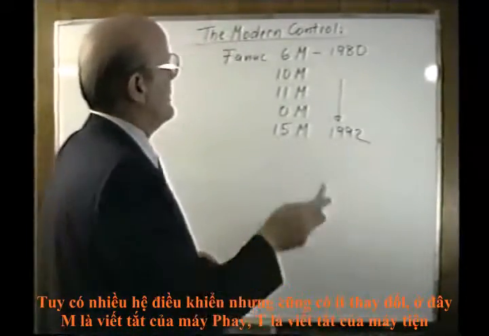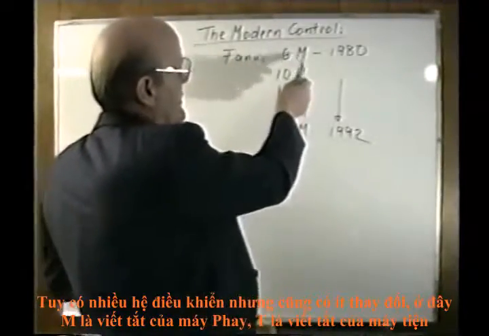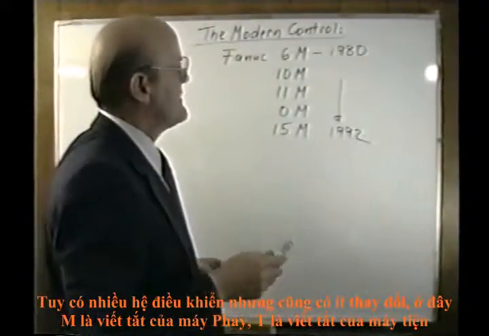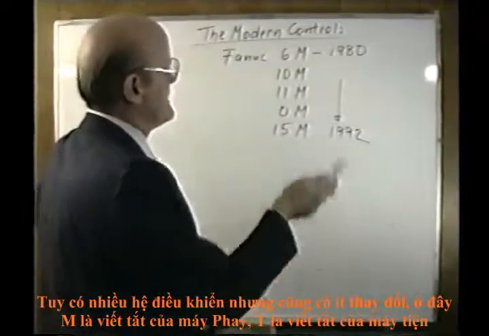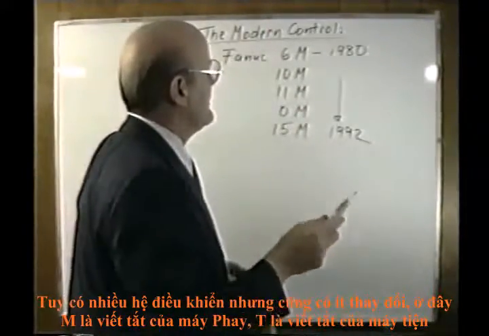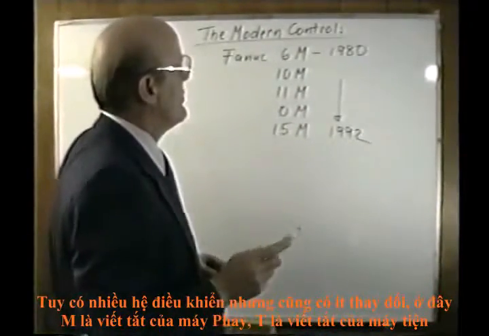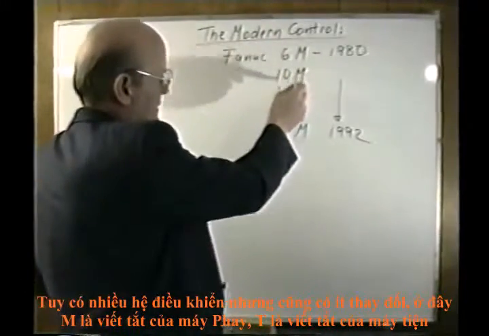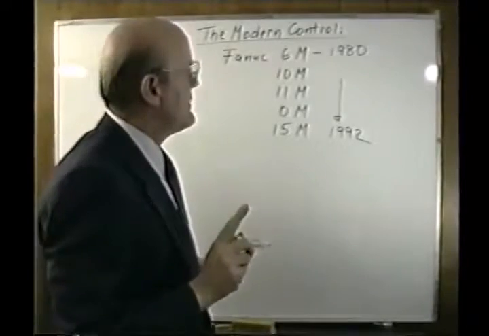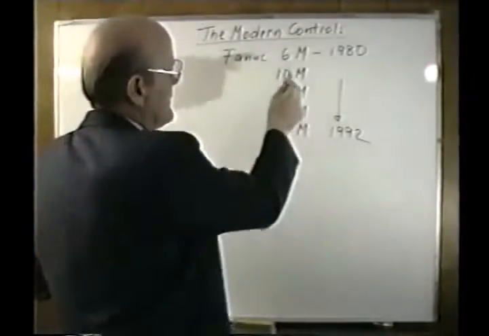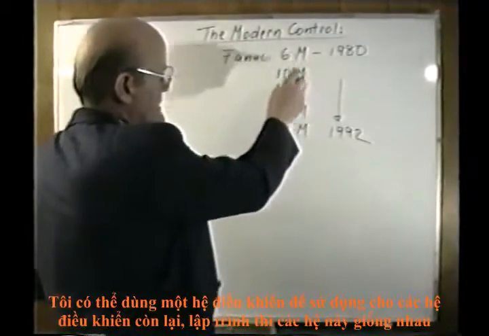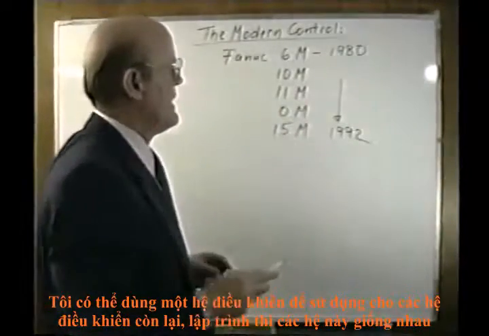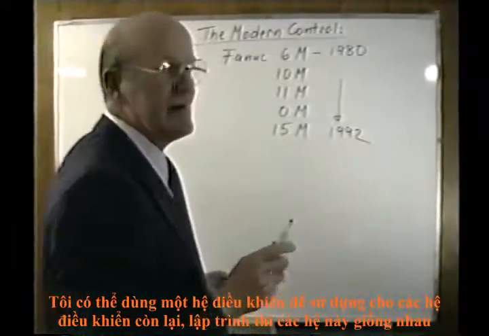If you were to learn to program on a 6M control or on a 6T control, the only difference is that M means milling and T means turning. If you would have learned to program on one of these, there have been very, very minor changes all the way through. The same material that I can use to teach this control can be used to teach any of these other controls. The programming method is almost identical.